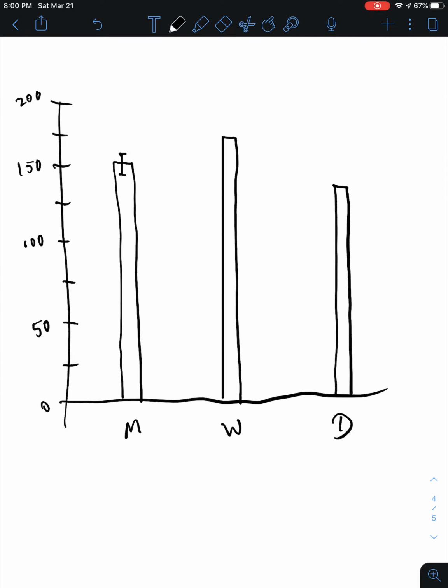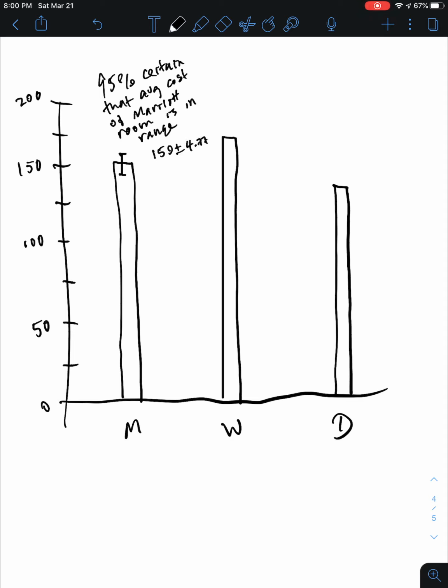So this tells us that we are 95% certain that the average cost of a Marriott room is in the range 150 plus or minus $4.77.